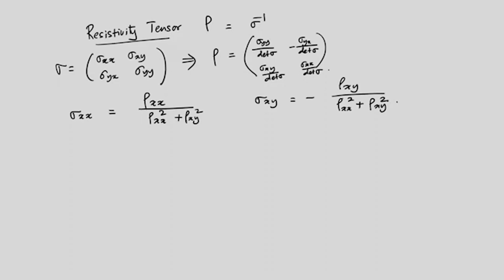Now, you see that if you do not have a rho xy, then of course, sigma xx is 1 by rho xx. If you do not have the off diagonal elements, then you can always just take the inverse of the elements and you will be fine.